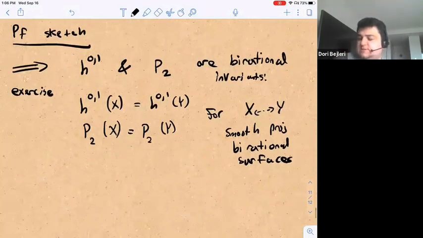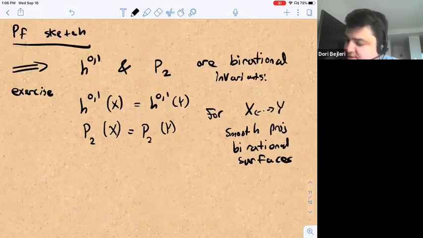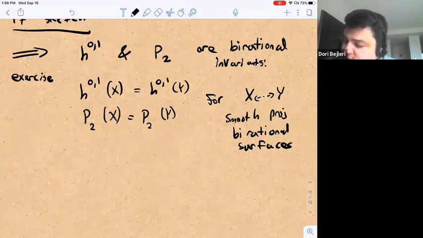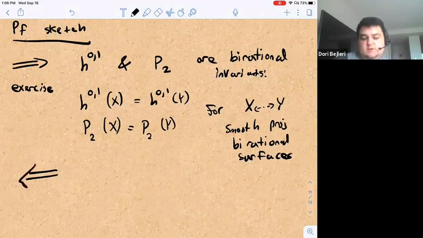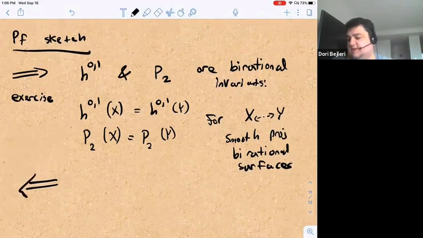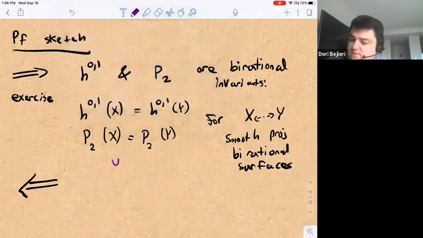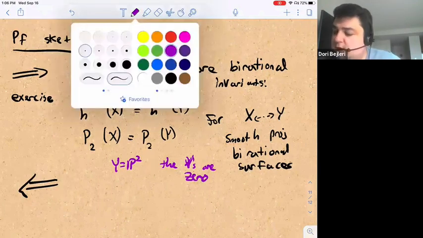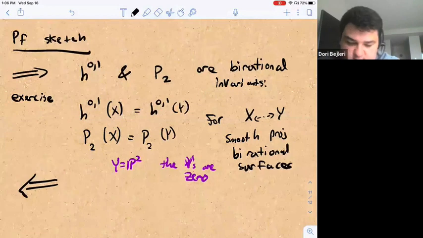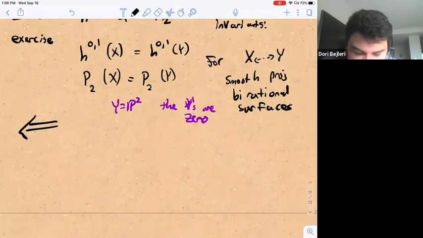Okay, so let's take that as a given. That's somehow the easier direction, and that's one that doesn't really use the MMP. So once you know this, then if x is rational, it's birational to P2, and then you just compute that for y equals P2, the numbers are 0. So if you're birational to P2, then by this birational invariance, the numbers are still 0. Okay, so the other direction is the more interesting one.